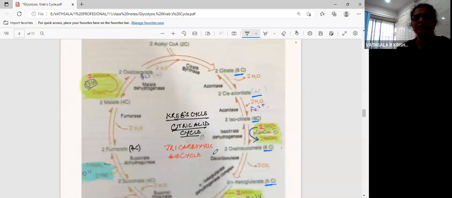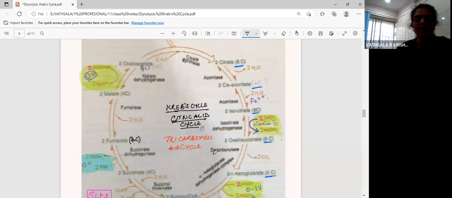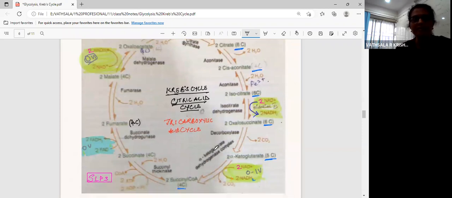Okay, one only. Where to? Oxalosuccinate to alpha ketoglutarate. This picture I have exclusively taken and altered also by typing to give you the complete picture.